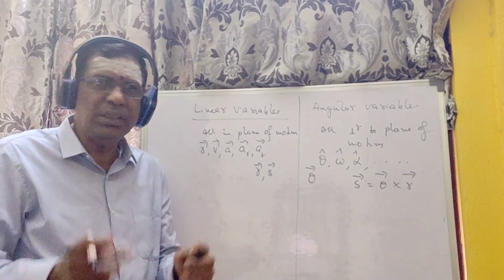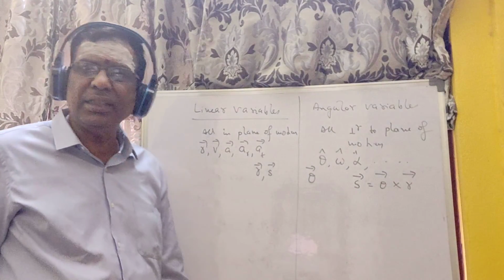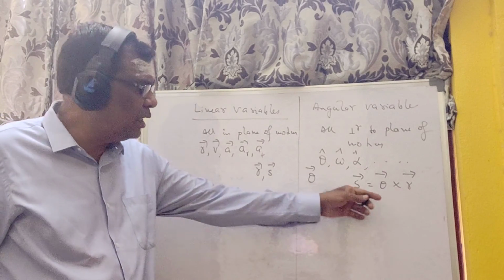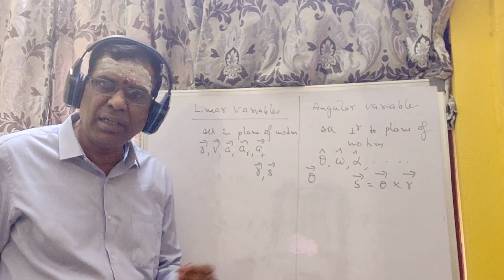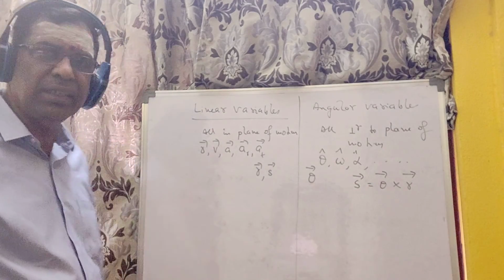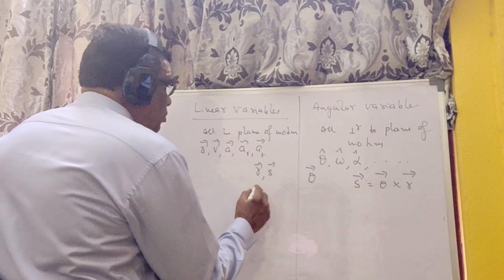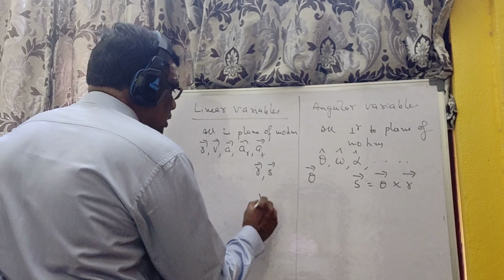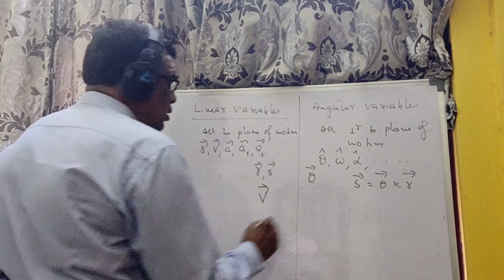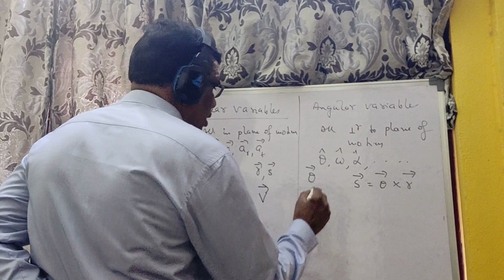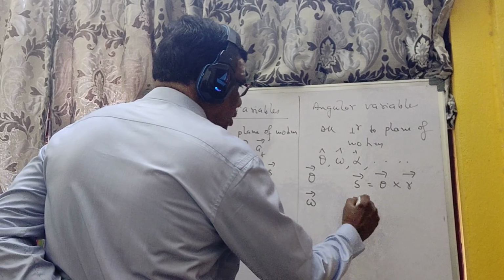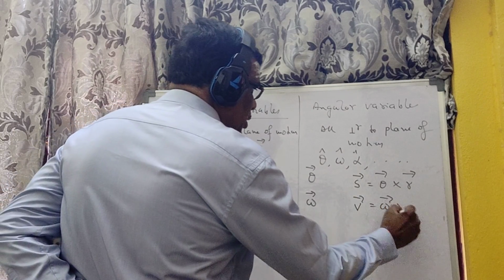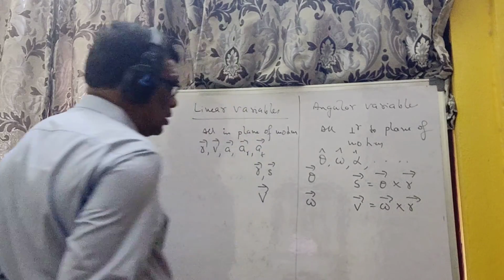Arc length, if you see, you get r theta in magnitude. By analogy, from v equal to omega cross r, I have given this relation. In a similar way, velocity, v bar, here omega bar, and v bar is omega cross r.